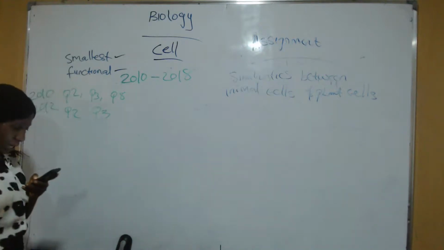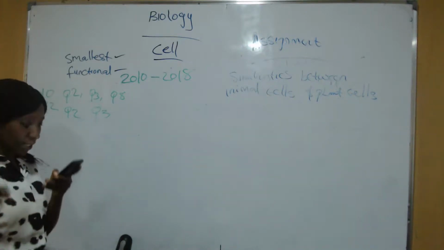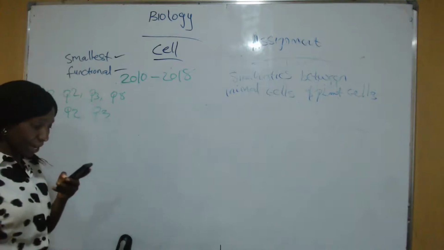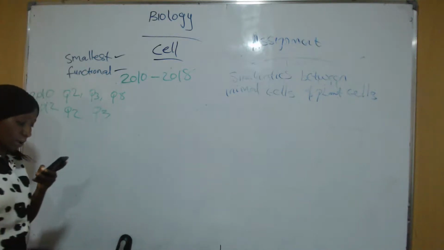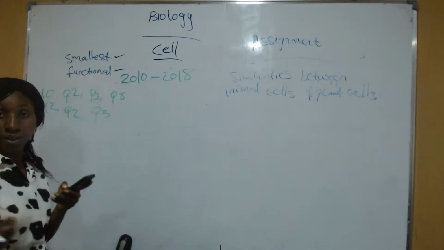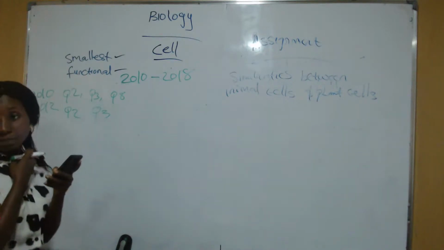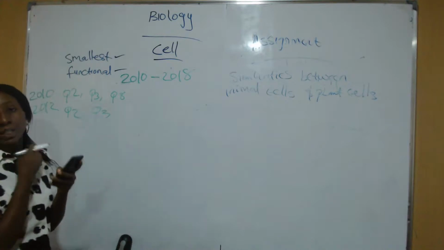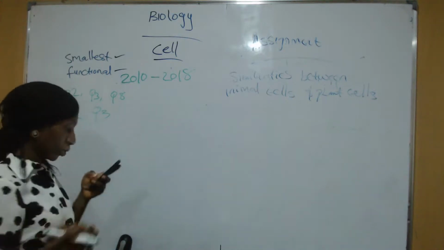Another question is that the part labeled IV is the: A, mitochondrion, B, cell wall, C, endoplasmic reticulum, and D, the nucleus. It's also left for you to identify which part it is. If you know what it does, then you can actually get your options.